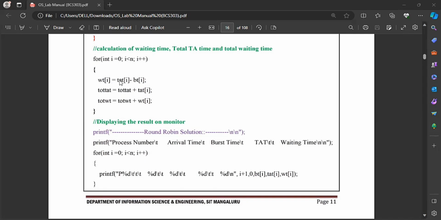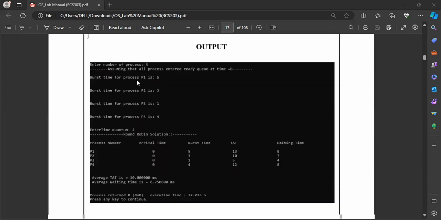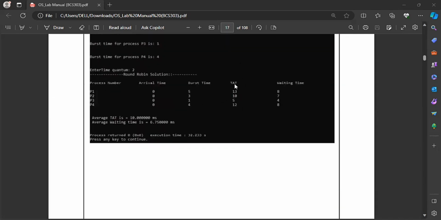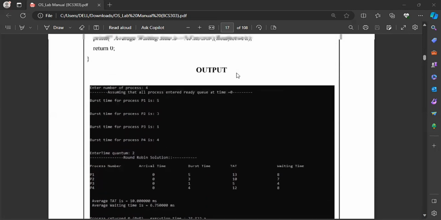That is turnaround time minus burst time. So turnaround time 13 minus burst time 5 is 8. 10 minus 3, 7. 5 minus 1, 4. 12 minus 4, 8.